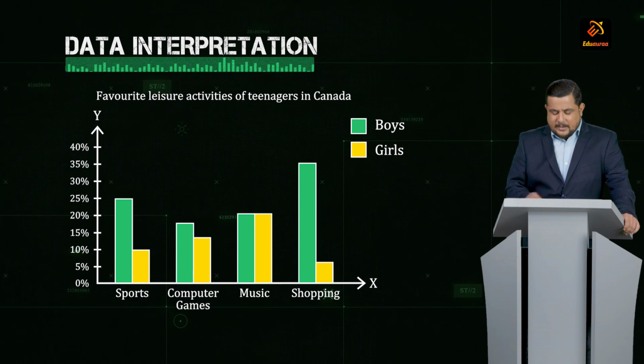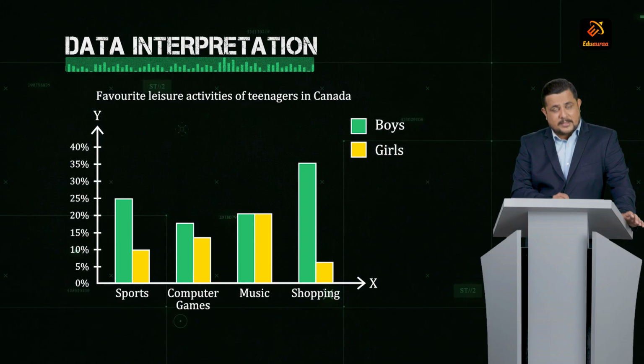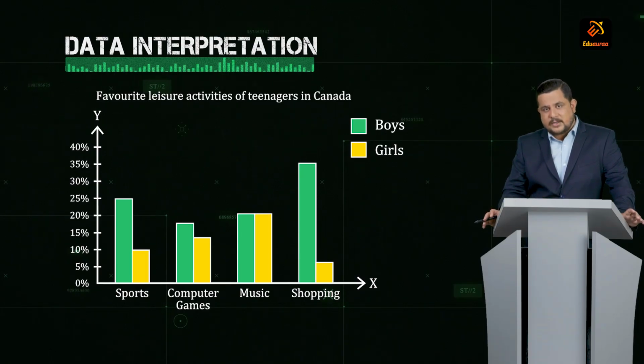We can easily analyze that in sports, they have categorized. This is a grouped bar graph, where two bars are available together in each category. Sports category, then computer games, then music, then shopping. These are the four categories which are given to us. This is the parameter on our x-axis.